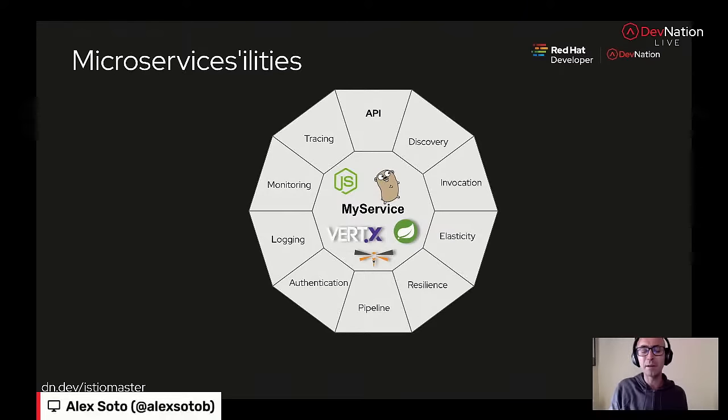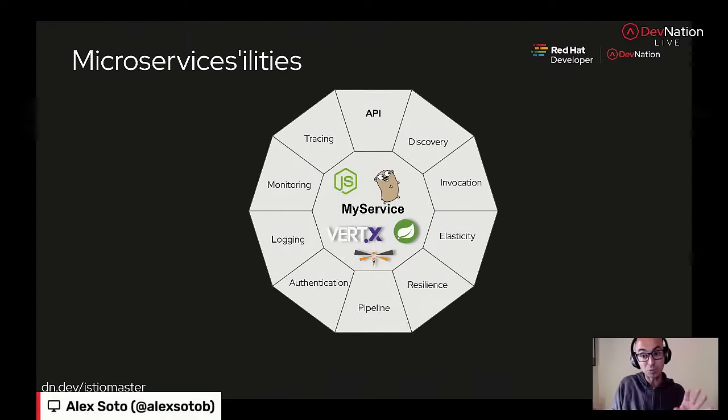I like to call them cross-cutting concerns, in the sense that it's something that you need to implement atop of your service to make your microservices architecture run correctly. And some of them are defining an API, finding a way to discover and invoke services, the concept of elasticity, that you can scale up and scale down your service, and resiliency.